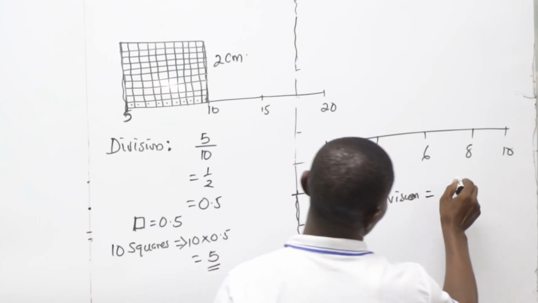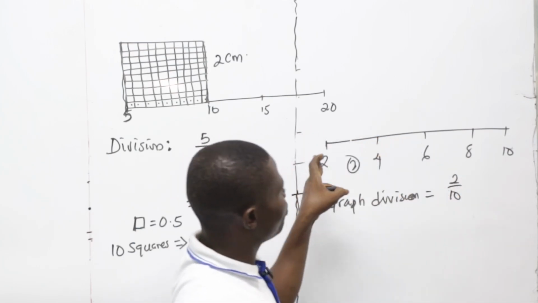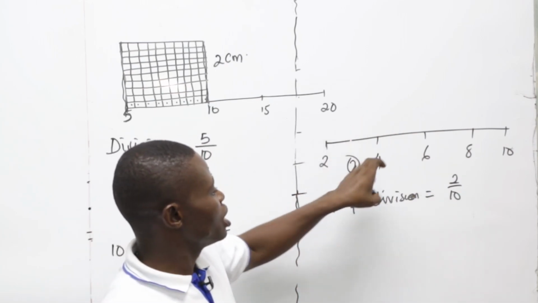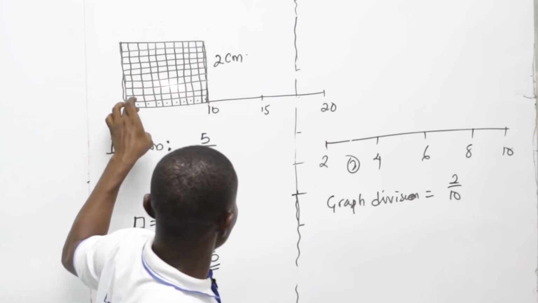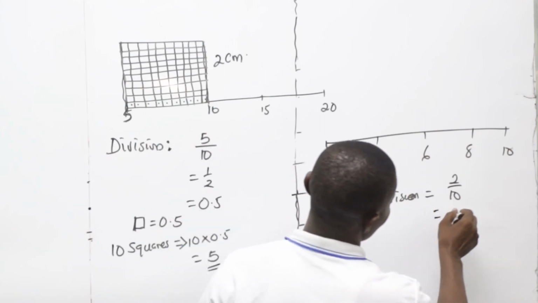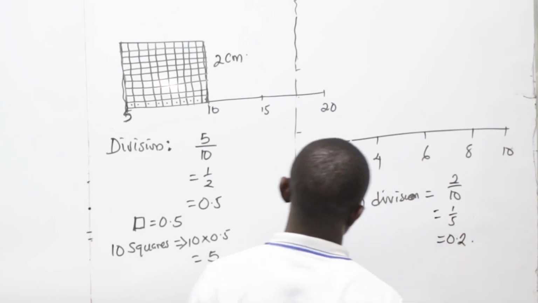equals what? 2 all over 10, because we already know that from one particular two cm to another one, each graph box here is carrying 10 squares each. So 2 over 10 will give us what? 1 over 5, which is what? 0.2.